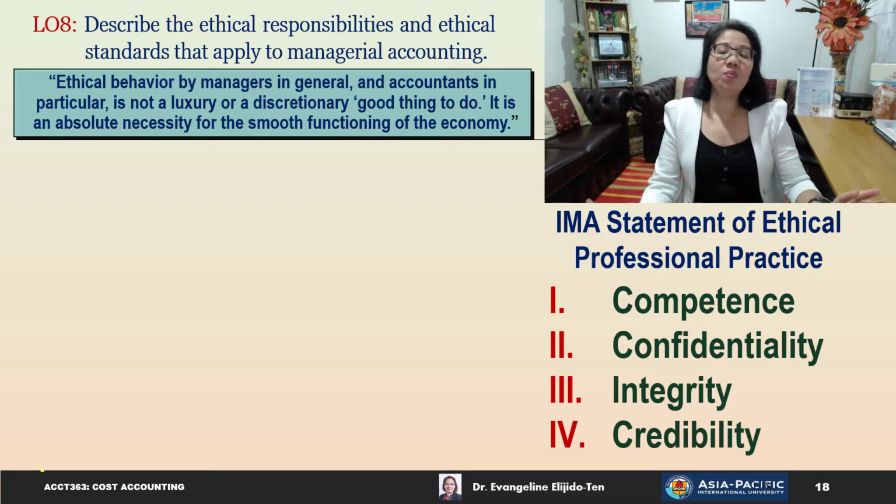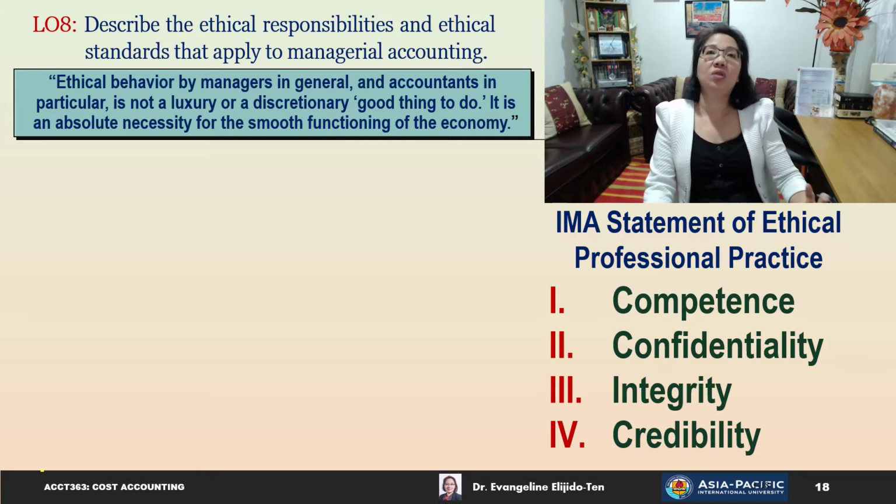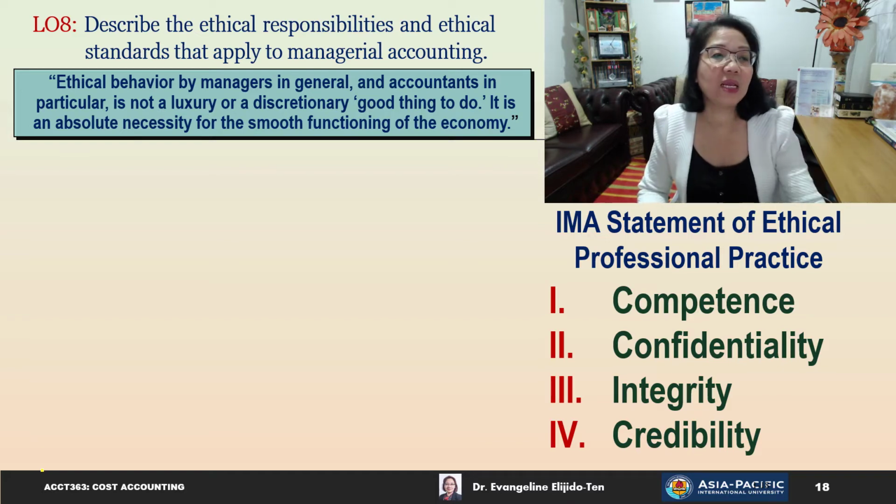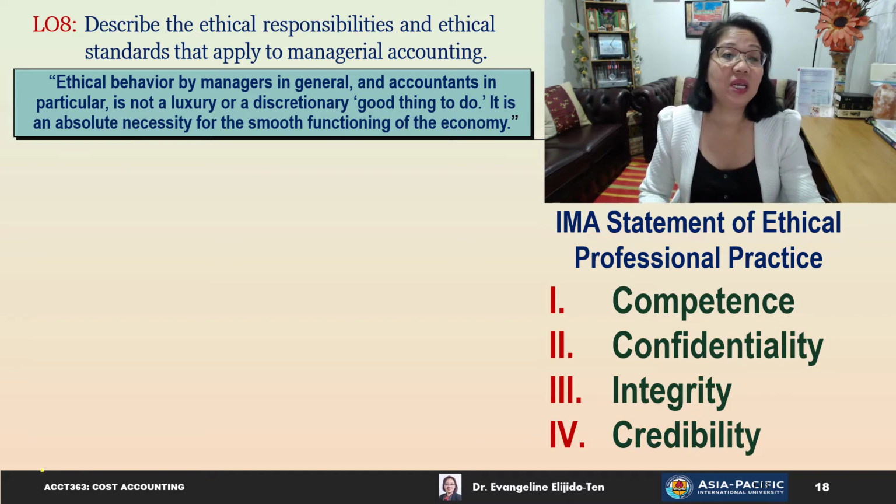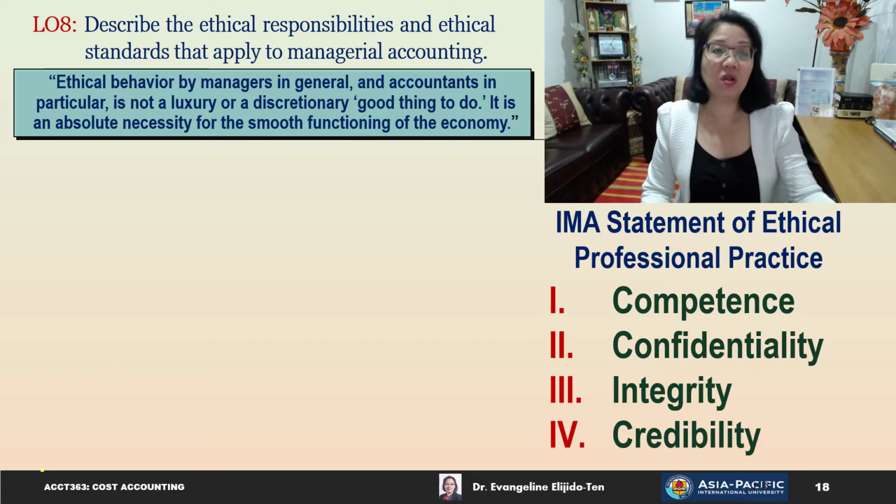The stream of corporate scandals in the United States, in Australia, in many different parts of the world has taught us that not only is unethical behavior in business wrong in a moral sense, but it can also be disastrous to the business and to the economy as a whole. So there will most likely be reforms in corporate governance and accounting as a result of unethical behaviors.